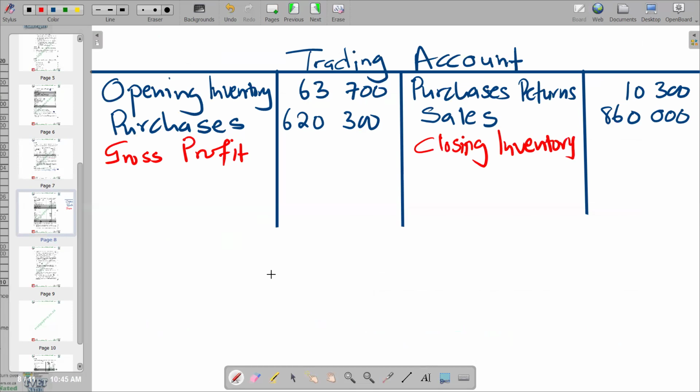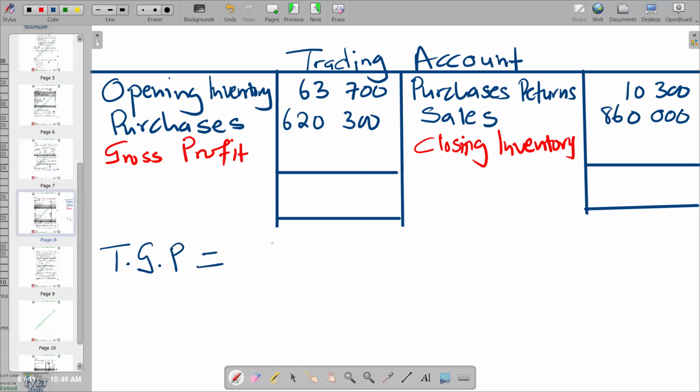From there, we can put our double lines. So basically, this is what we have, and we can leave it for now as we try to calculate the gross profit. We are also going to employ the formula for calculating total gross profit.